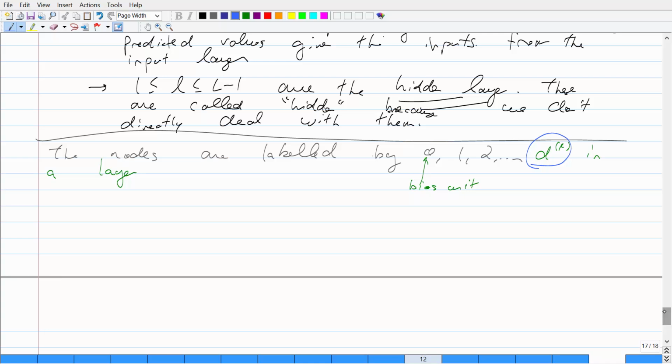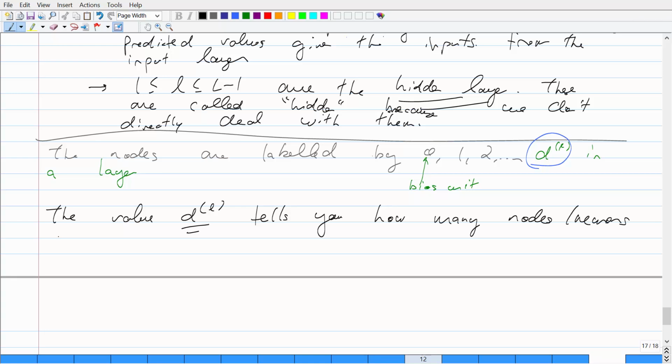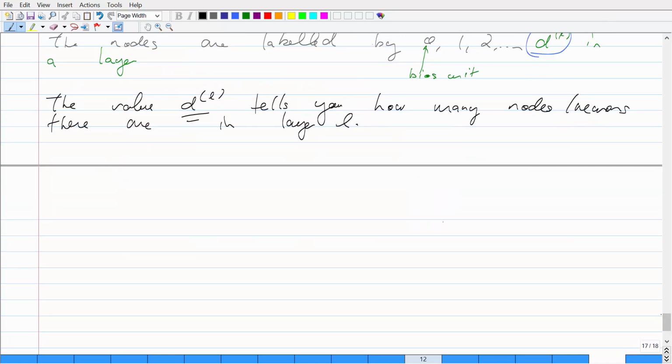We'll just lay out all this notation, then we'll take a break. All right, so the value D sub L tells you how many nodes or neurons there are in layer L. We'll talk about the architectures later. How do you figure out how many hidden layers you want or how many neurons per layer?